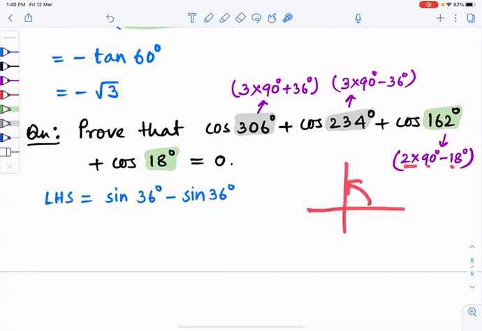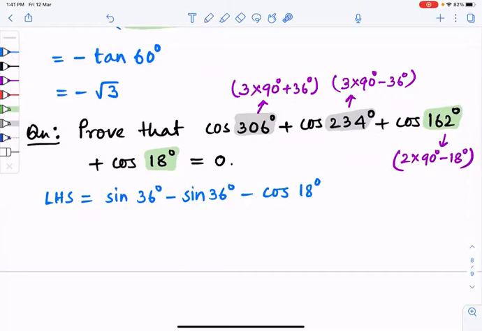So second quadrant cos is negative. So minus cos 18. Cos will not change to sine in this case because we have an even number multiplied. The next one is cos 18. So you can see these terms are getting cancelled and you are getting 0.